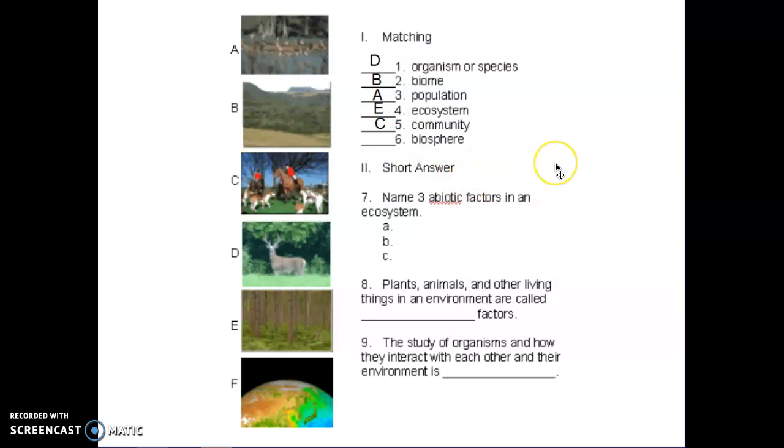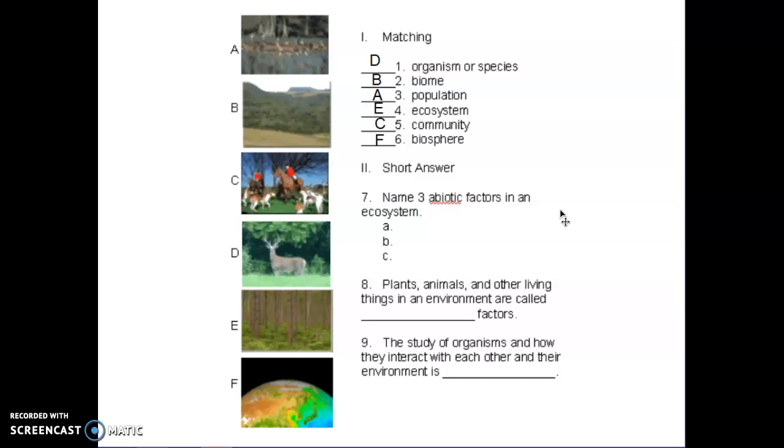And then biosphere, anytime you see a picture of the earth, that's a good representation of that. But remember, it's not the earth, it's just the areas of the earth that can take life, okay? All right, so for number 7 here, 3 abiotic factors. I'm not going to type anything, but remember, these are things that are non-living. So it could be anything that's surrounding you in your room right now that is not alive, but I also want you to think more of things that you can't see, like oxygen, air, the temperature, the amount of rainfall something gets every year, those kind of things.